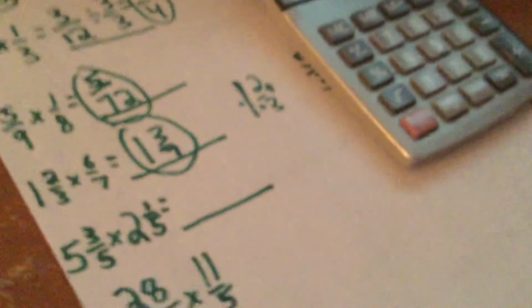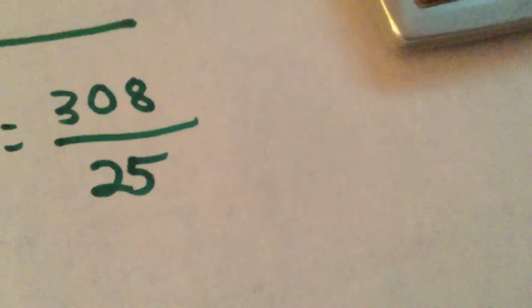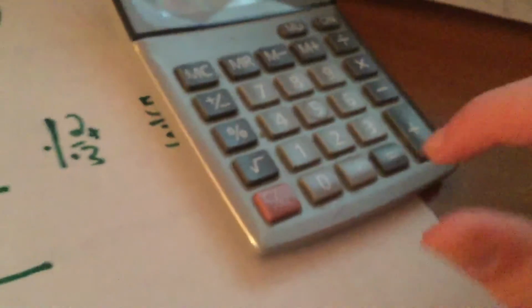And that gives us 308. And now we have to do 308 divided by 25. So our whole number would be 12. Don't pay attention to the fraction because we're doing fractions, not decimals.